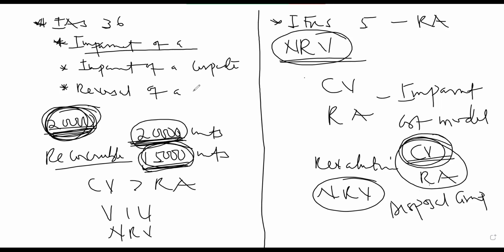So if there is a change of plan, the first thing is that you have to ask yourself what is causing the change. There are certain things that will stop the asset from being sold at that particular time. The standard says that the sale should be within a year, 12 months.